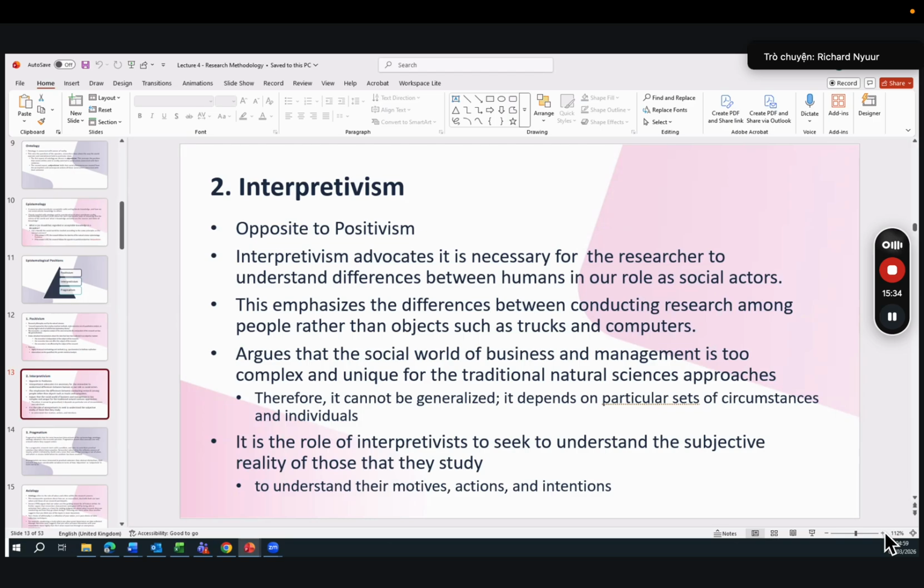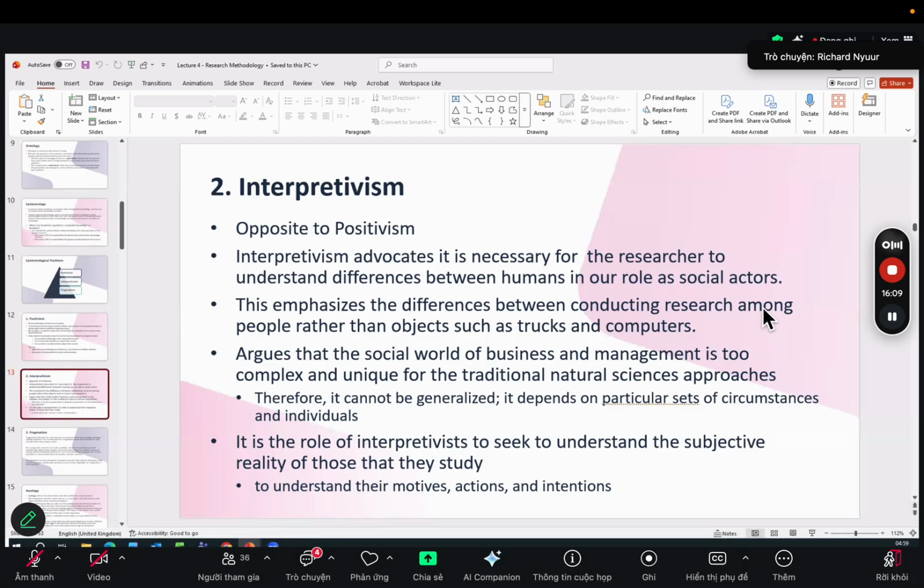And therefore, it is the role of the researcher to interpret the situation, to interpret the phenomenon. And it's always difficult to generalize because you're not using the natural sciences and it is contextual. It's based on social actors or people's views and feelings in a particular context.